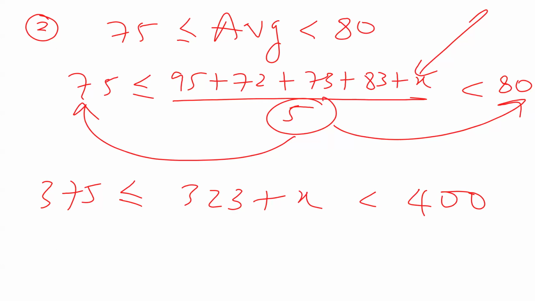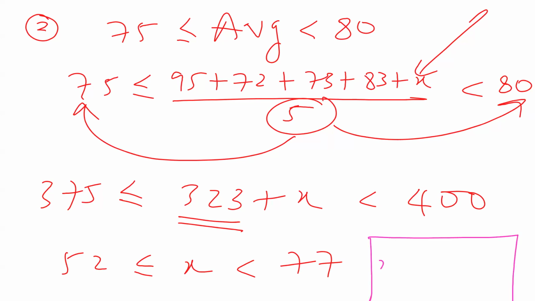Subtract 323 on both ends. So this is 52, and this is 400 minus 323, 77. So x belongs to 52 comma 77, with a square bracket at 52 and a round bracket at 77.